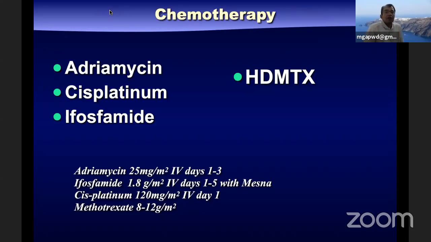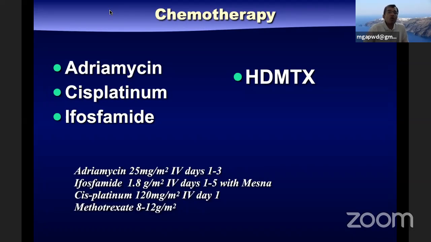Now we have other drugs as well. We've got adriamycin and we've got cisplatinum. These are two other drugs which have very good response rates in osteosarcoma. Ifosfamide is another drug which has been added and which also has a very good response rate in osteosarcoma. So very broadly, if you have to divide the chemotherapy protocols, there are multiple protocols existing in the world.